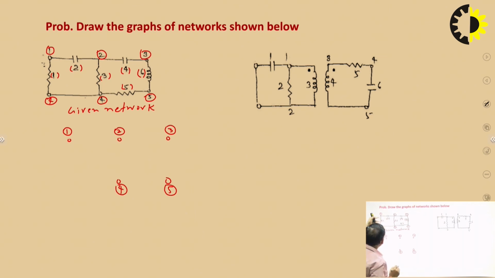Branch 1 is connected between 1 and 4, so we just connect this way, and this is branch 1. Branch 2 connects nodes 1 and 2. Branch 3 connects 2 and 4. Branch 4 connects 2 and 3.